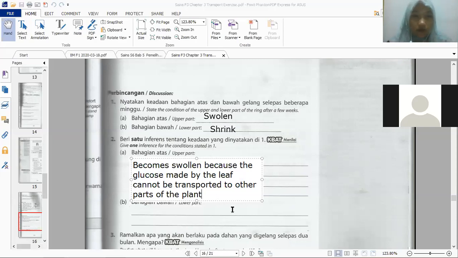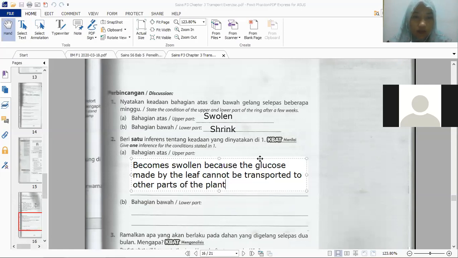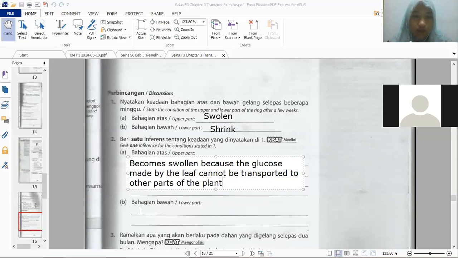Okay, so this one is for the upper part, and then the lower part, why is it shrink?